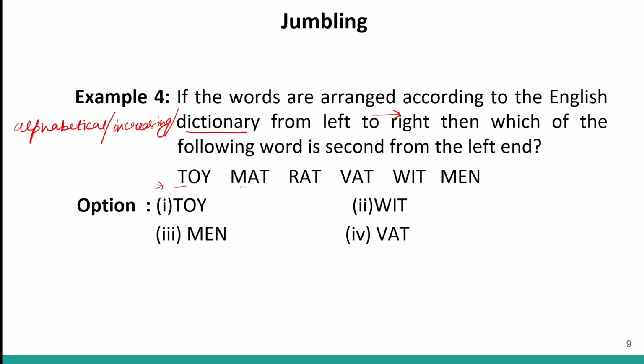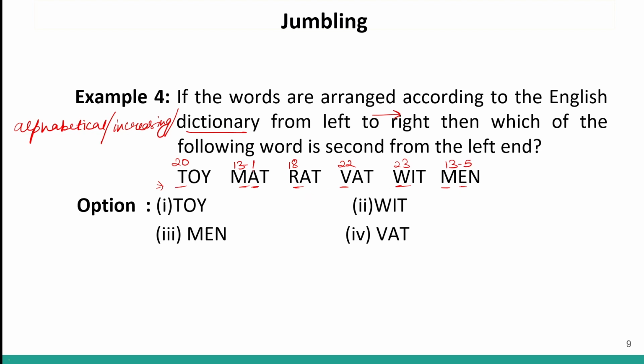So let me give forward ranks to the first letters. First letters, T will be 20, M will be 13, R is 18, V is 22, W is 23, and M will be 13. So 13 comes two times. Then we'll move on to the second letter. This I told you previously, right? So second letter 1, and over here we have 5.